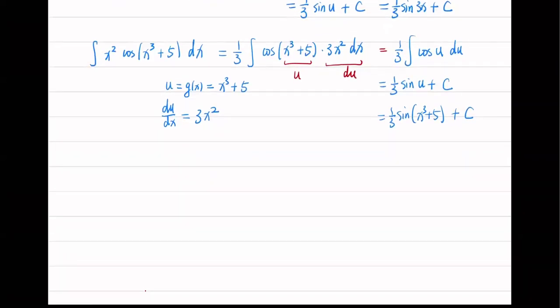Okay, a little bit more. Let's try another one. What is our function? Okay, first let's try. Could you find a function whose derivative is logarithm x over x?